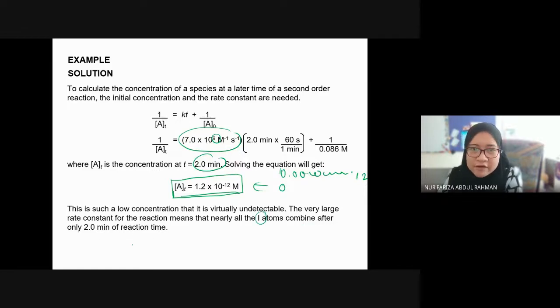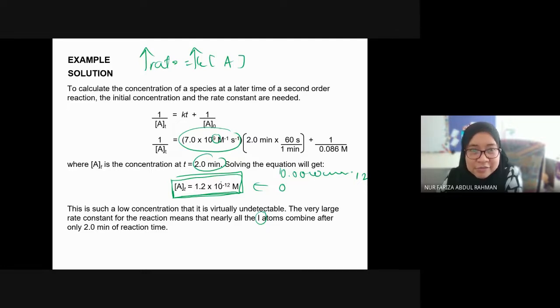So the rate of reaction is very, very high because you know, rate law is equal to K kuasa A. So when the K is higher, the rate should be higher too. Betul tak? Ni benda-benda macam ni kena pandai translate lah. Apa maksudnya bila you dapat the value kan? What does it mean? Bukan sekadar kira-kira je. Kena must be able to translate the value.